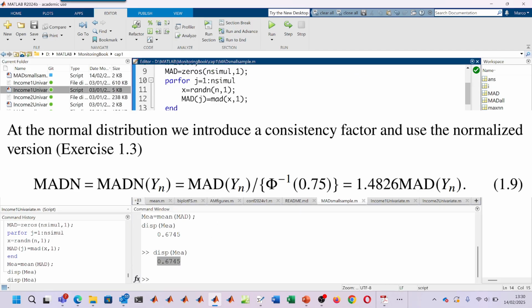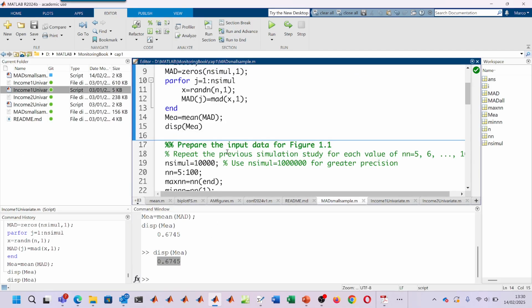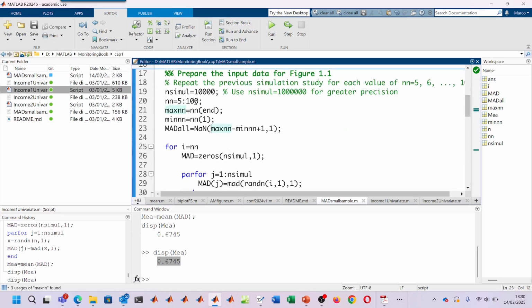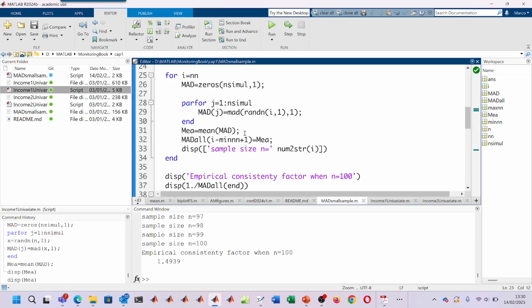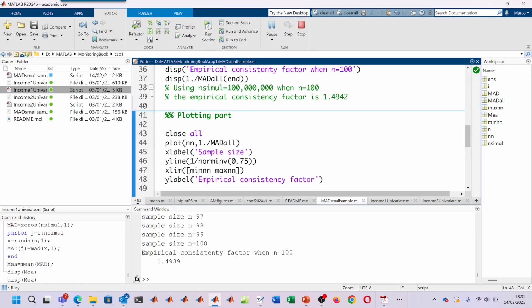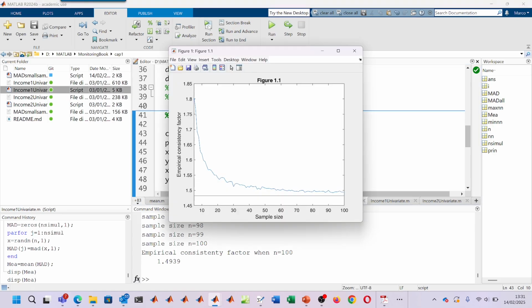Now we want to check empirically what is the value of this consistency factor for a sample size which goes from 5 to 100. So we run a small simulation study for these values of the sample size. We have 10,000 simulations, and you compute the mean of the MAD for these 10,000 simulations. Now we want to plot our consistency factor.